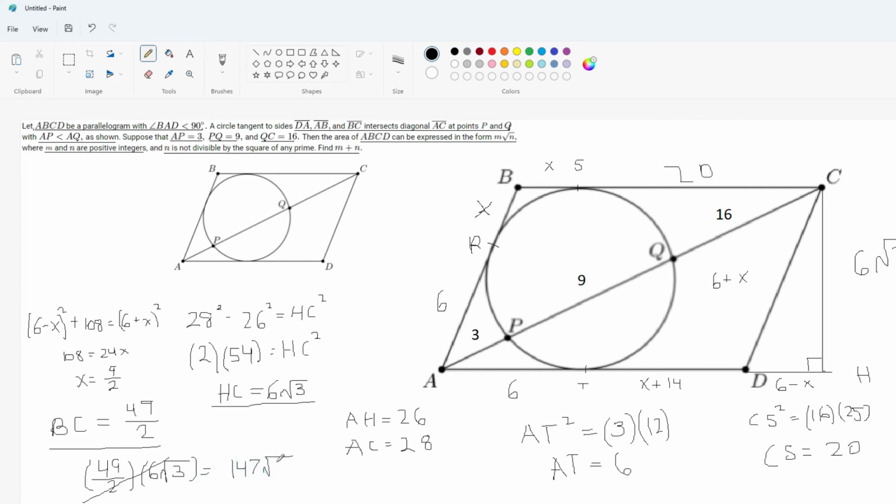So this is our answer. This is the area of the parallelogram. But the problem doesn't want radicals because it's AIME. It only wants integer answers. So it wants what m plus n is. Since we got our m to be 147 and we got our n to be 3, m plus n is just 147 plus 3, which is just 150, which is the answer for this problem.